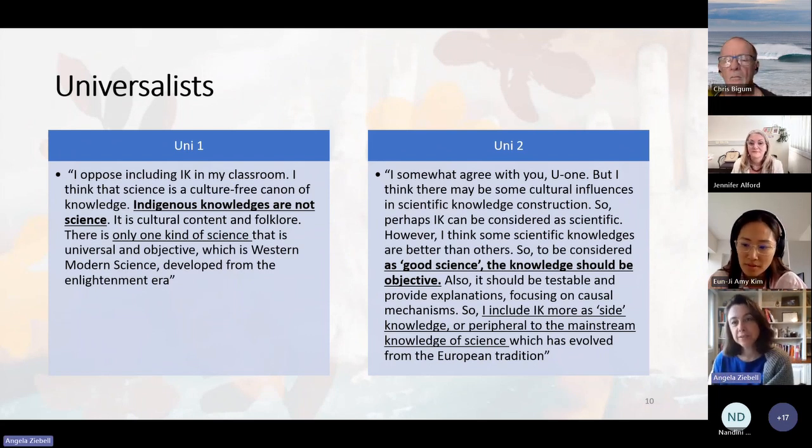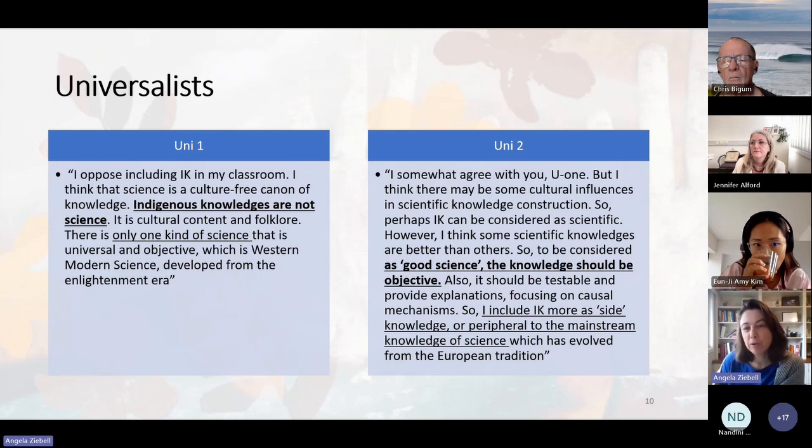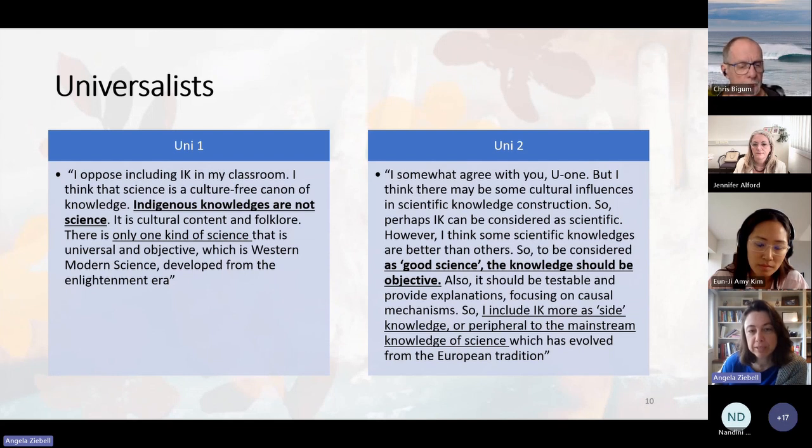So the critique of the universalist approach is that the good science criteria, as Amy just alluded to, comes from a European Enlightenment model. And this is based on a white male colonial supremacy sort of approach to knowledge.